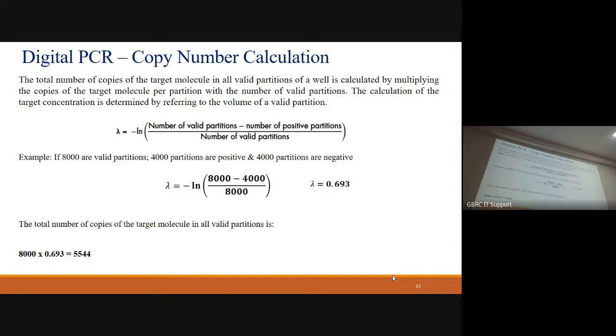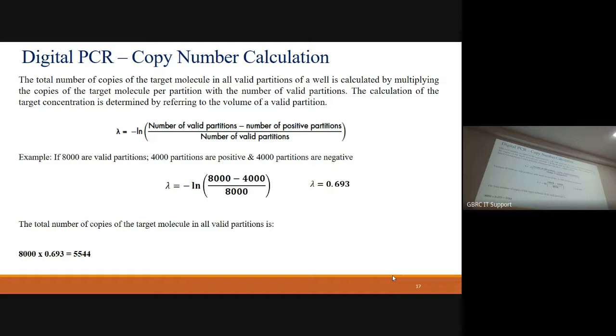So what is a valid partition? A valid partition is one in which your PCR mix is present and distributed. Not every time will all your PCR mix be distributed into all your partitions. Every time we run the digital PCR, we get around 25,000 or 25,500 valid partitions. A few partitions will not have any reaction mix, so those are not valid partitions.